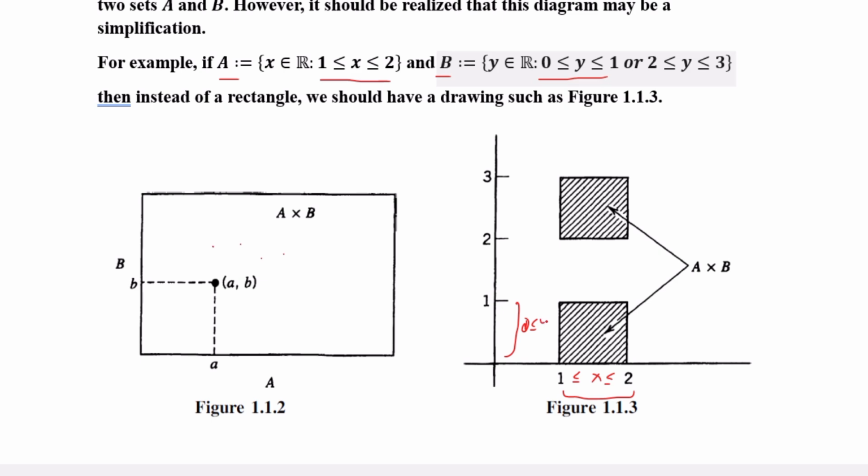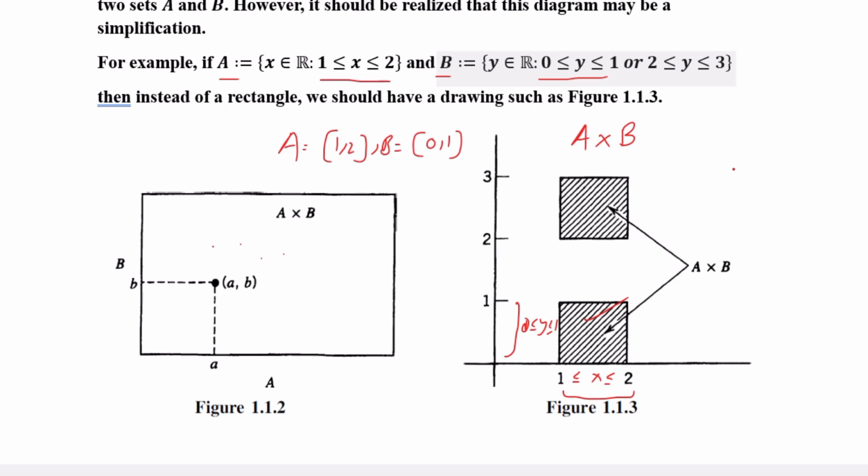So in this case, when your A is the closed interval [1, 2] and your B is the closed interval [0, 1], then when you find their Cartesian product A cross B, this will always represent this rectangle.